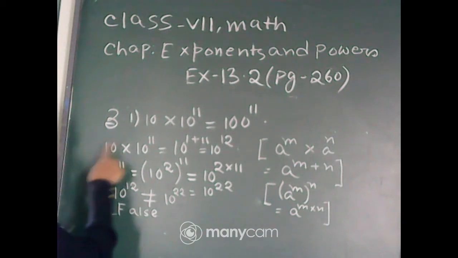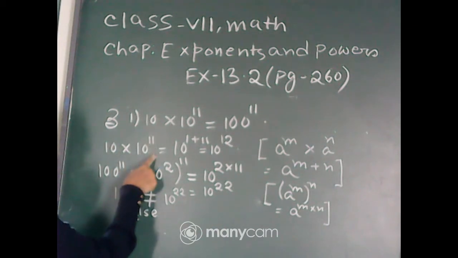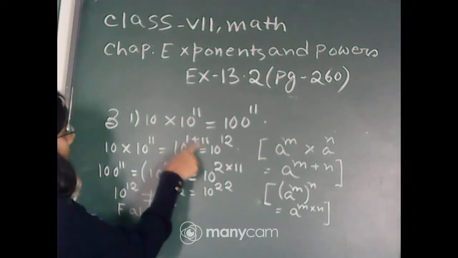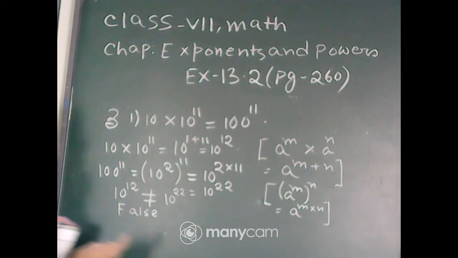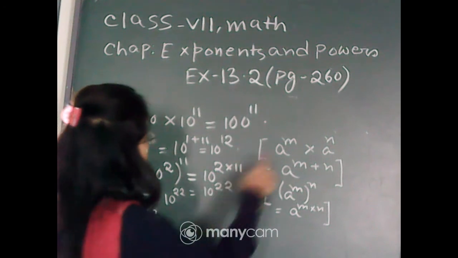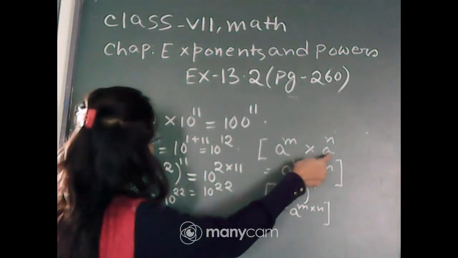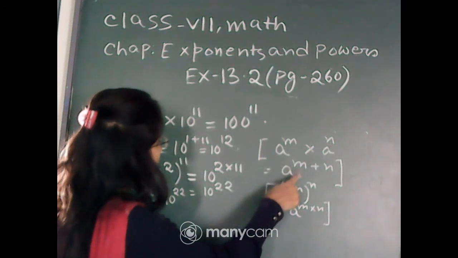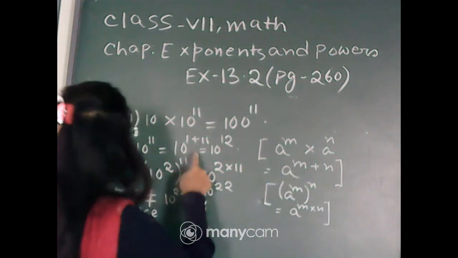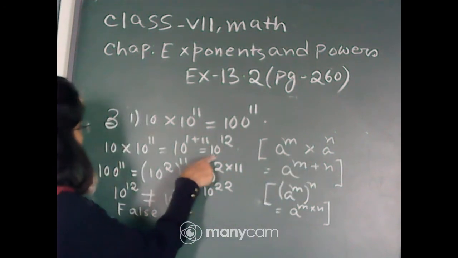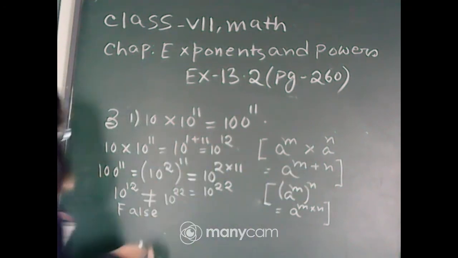Now, 10 into 10 to the power 11 is equal to 10 to the power 1 plus 11, since we know the law a to the power m into a to the power n is equal to a to the power m plus n, and therefore, this is equal to 10 to the power 12.